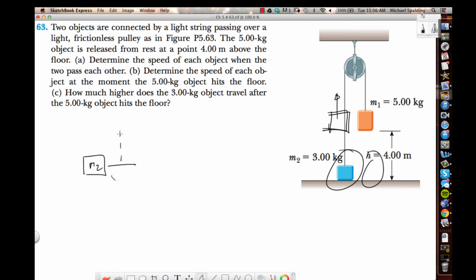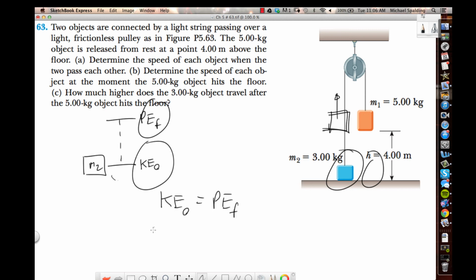What type of energy does M2 start with? Kinetic. What does it end with? Potential. These are equal, so kinetic initial equals potential final. That's 1/2 mv squared equals mgh. The m's drop out, so h is v squared over 2g.